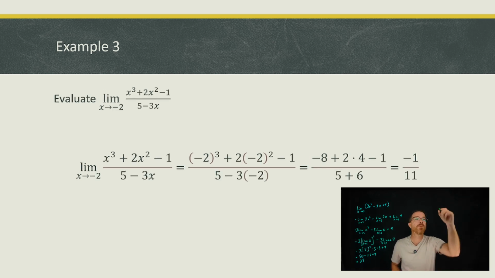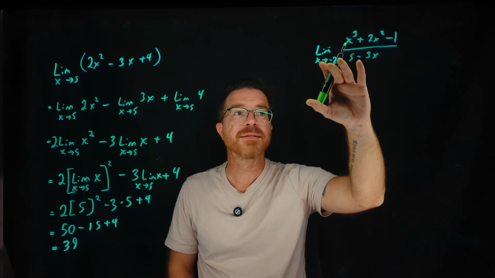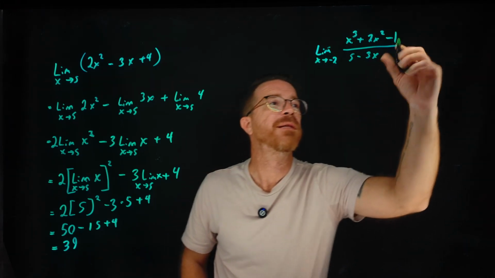For our next example, what we want to do is evaluate the limit as x approaches negative 2, and our numerator is going to be x cubed plus 2x squared minus 1, divided by 5 minus 3x. First thing we're going to do, I'm going to take this as the limit of the numerator divided by the limit of the denominator.